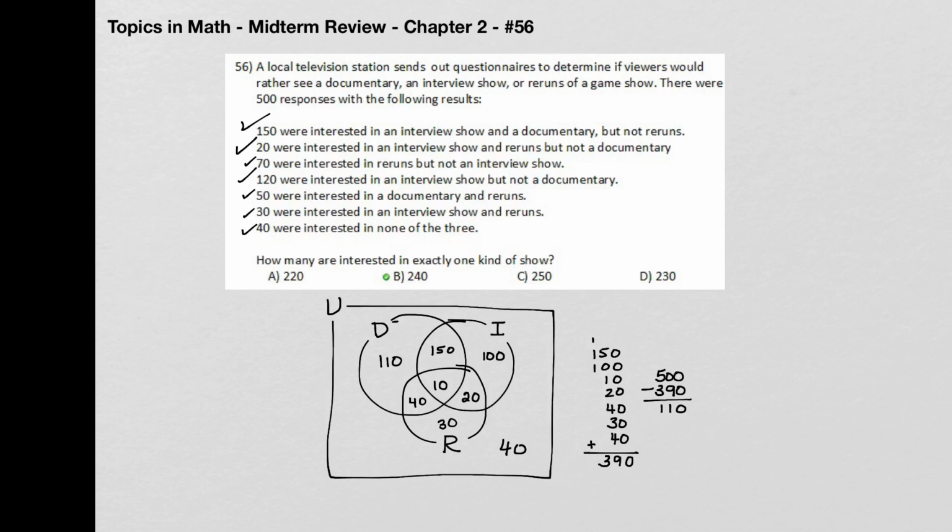Now to answer the question, finally: how many are interested in exactly one kind of show? Here are the 110 people who want documentaries but nothing else. Then we have the 100 people who are interested in interviews but nothing else. And then we have the 30 people who want reruns of a game show but nothing else.